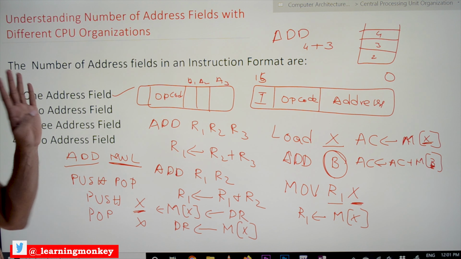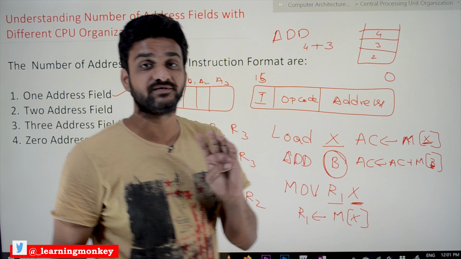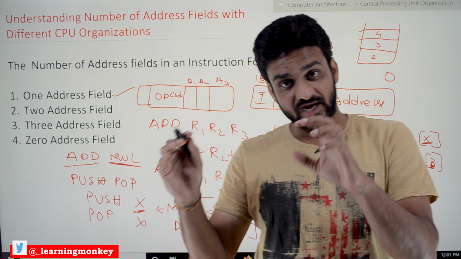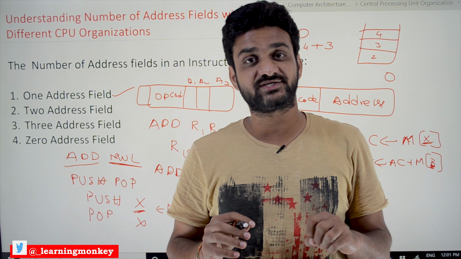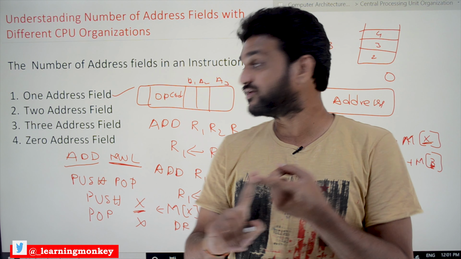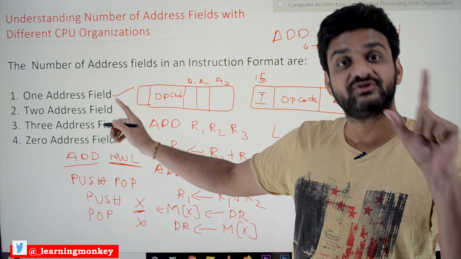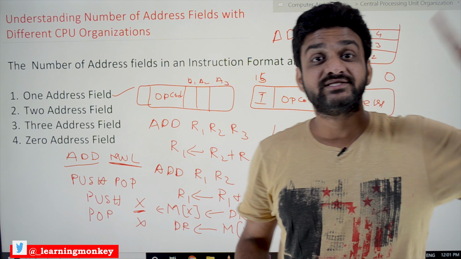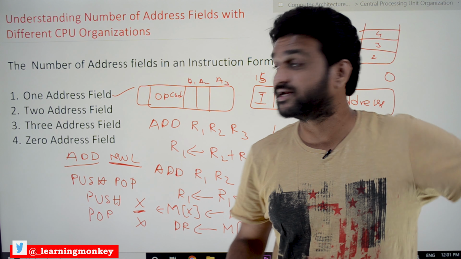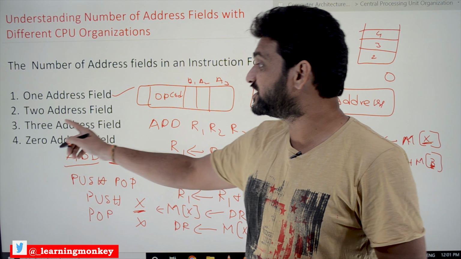So there are 4 different types of address field formats in the instruction formats. One is the instruction format with one address field, which is used in single accumulator CPU design, and then 2 address field and 3 address fields.